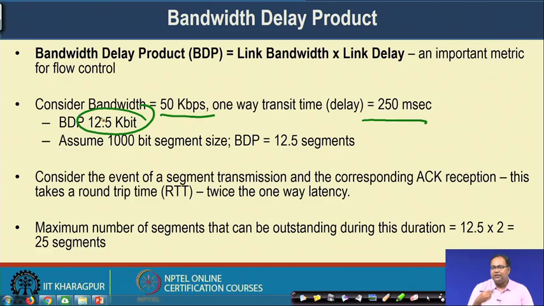If you think from the TCP or transport layer segment point of view, where a segment is the transport layer data that you want to transmit, and you have a 1000 bit segment size, then this bandwidth delay product comes to be 12.5 segments. So, that is the definition of bandwidth delay product.